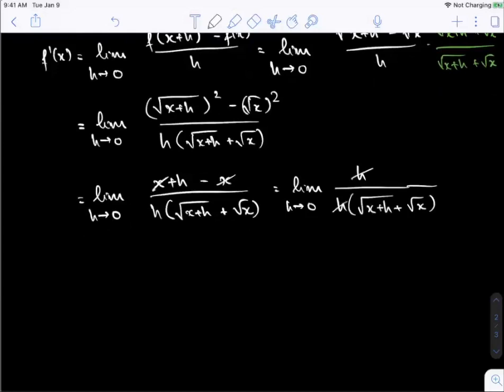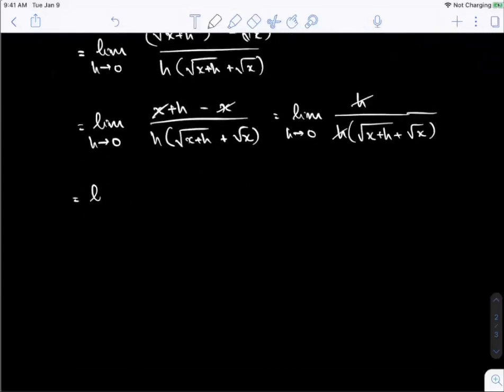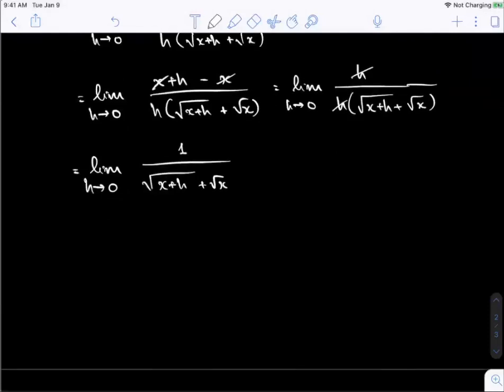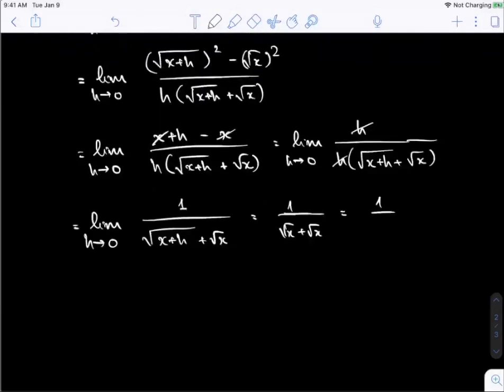Now the h cancels out. When you let h go to 0, you're going to have 1 over (√x + √x). I've got 1 over 2 times √x.